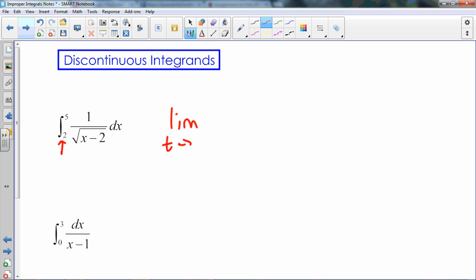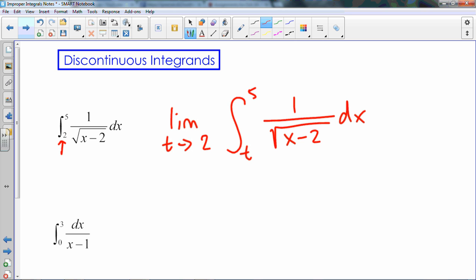We use the t again. And we're going to go from t to 5. Our equation is 1 over the square root of x minus 2 dx. Then we go ahead and integrate, so same process as before. u is equal to x minus 2. The du is just dx. So we're really integrating u to the negative 1/2.